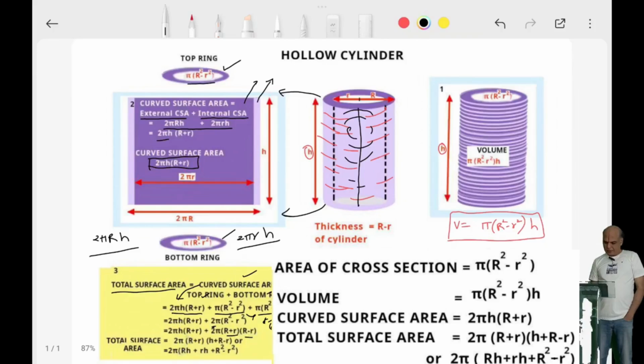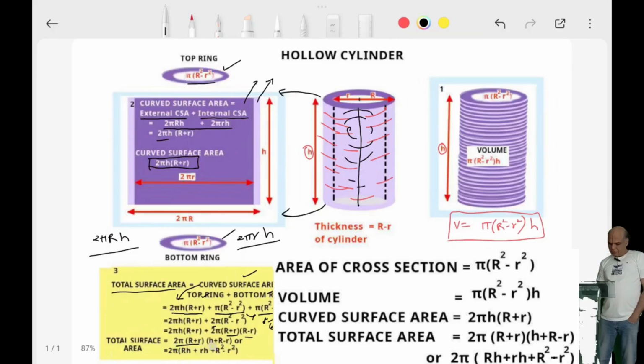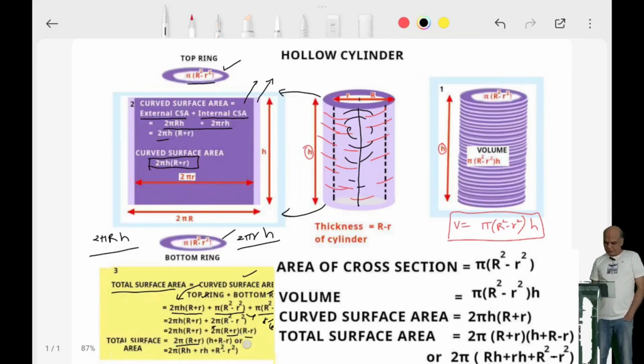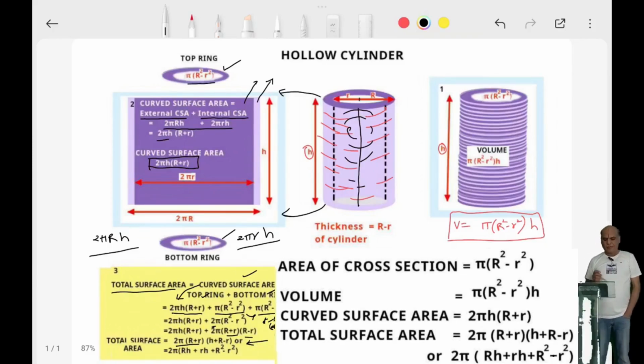In these two terms, if I take out 2 pi into R plus r as common, you are left with h plus capital R minus small r. So this is one way of remembering total surface area: 2 pi into capital R plus small r into h plus capital R minus small r.